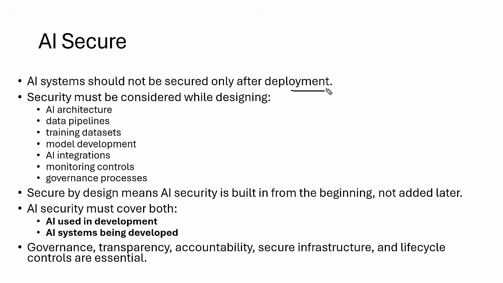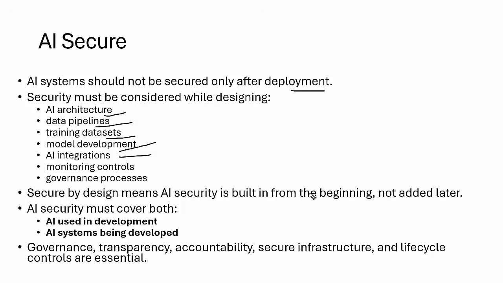Security should be considered while designing, like during the architecture, adding an AI angle, the data pipeline. When you're collecting data, the source of data, make sure you have proper security. Training datasets should have proper integrity. During model development, add security, integration, and governance processes. So secure by design means AI security is built from the beginning.